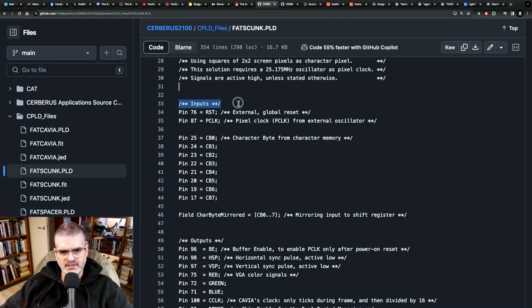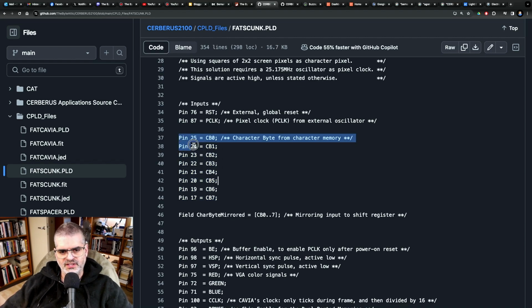And now we have the pin declarations. First, the inputs. This is the general reset. That's the pixel clock that comes from the oscillator. Now, these are the inputs coming from character memory. Remember, FatCavia is scanning video memory and character memory, and what character memory spits out is one byte at a time from the bitmap of a given character.